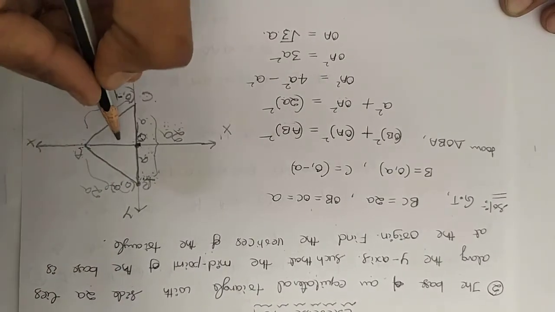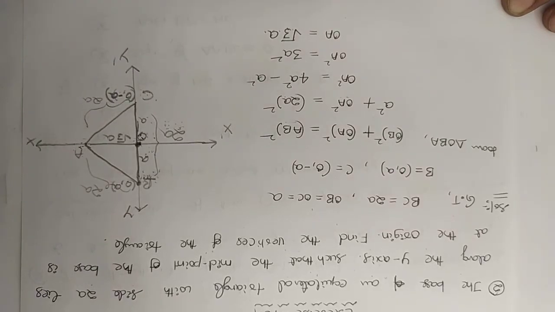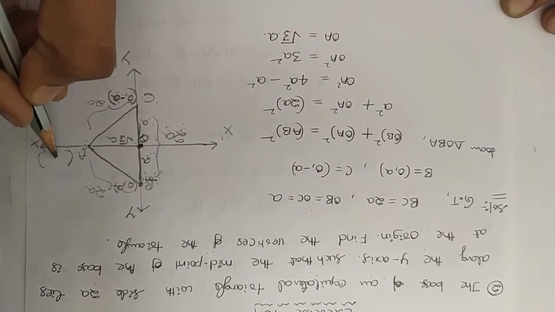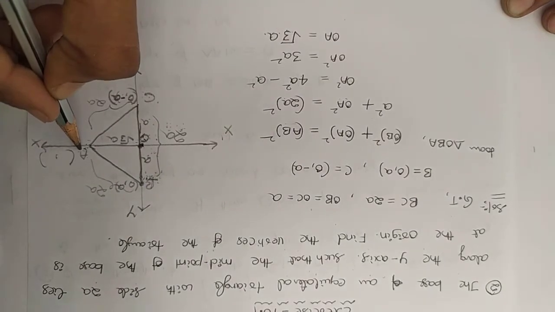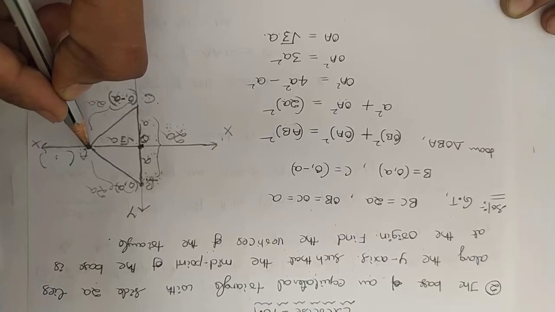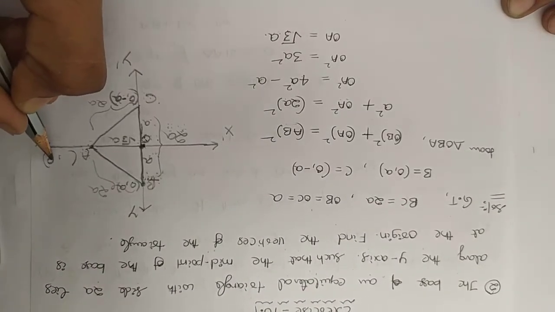We found the side OA is root 3 a. Now, what about the vertex A? We know that on the x-axis, the y coordinate is 0, isn't it?